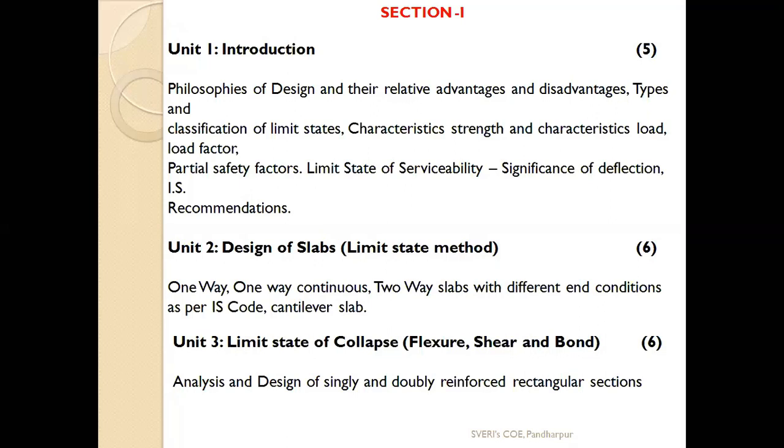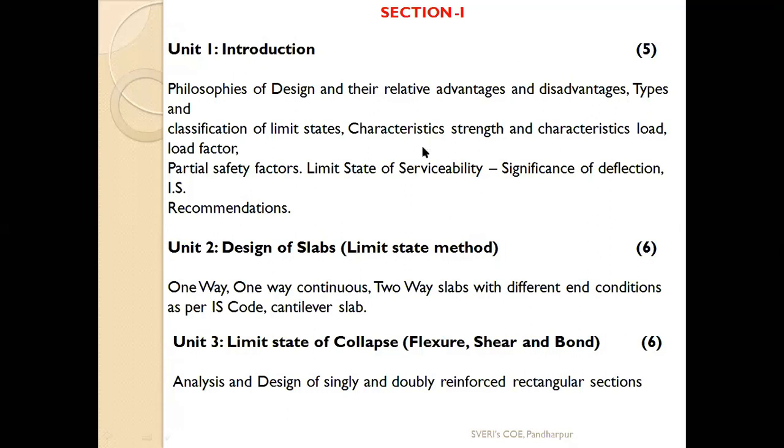Later on, we will see what is the working stress method, what is the ultimate stress method, and what is the limit state method. Then in this first unit, the classification of limit state: the limit state method is further divided into two major parts, limit state of collapse and limit state of serviceability. During the unit, we will see what each one is.